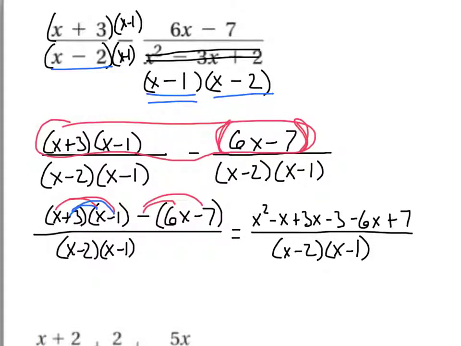Well, we need to start combining some like terms. So we have on top an x squared. Go ahead and cancel that out. We have 3 x terms. So negative x plus 3x is 2x. 2x plus a negative 6x is a negative 4x.